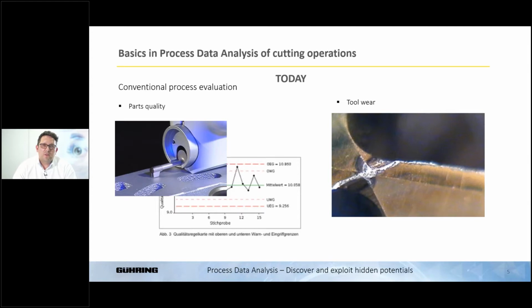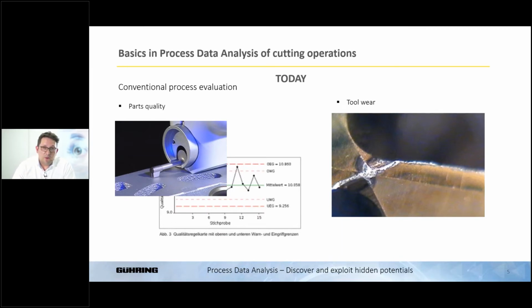On the other hand, we have the possibility to evaluate our tool wear. But, and this is very important, every possibility to analyze the process, we call it one-dimensional. So this means even if we're talking about measuring or also tool wear, we are looking at one dimension, one piece of the part, let's say like this.